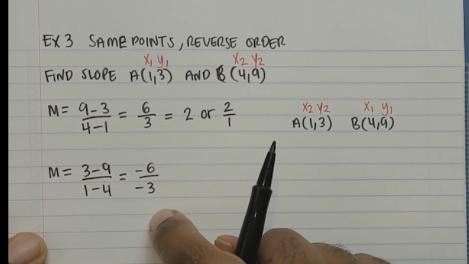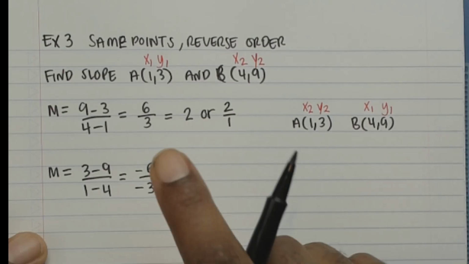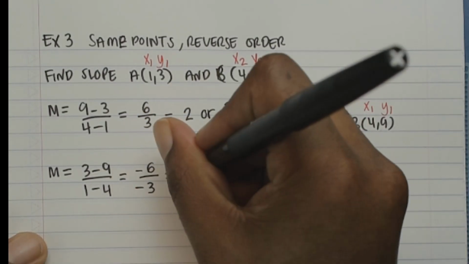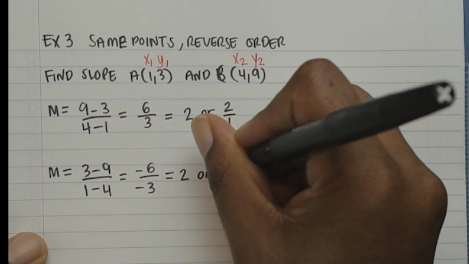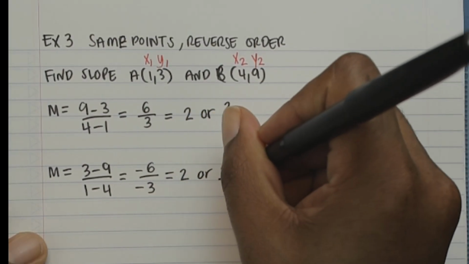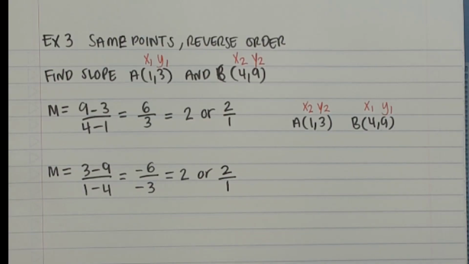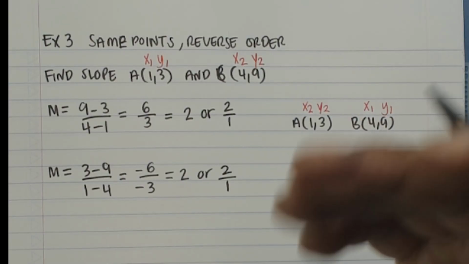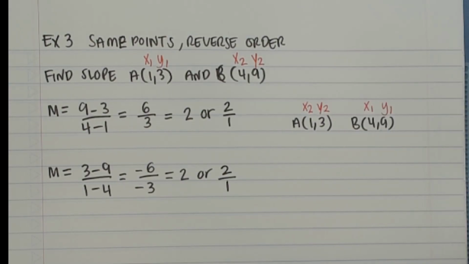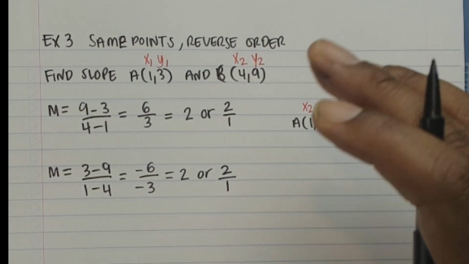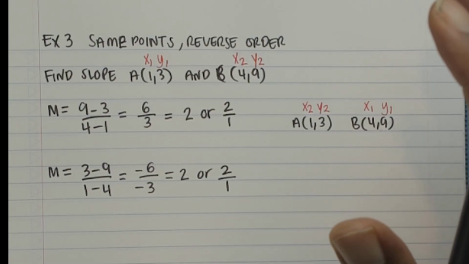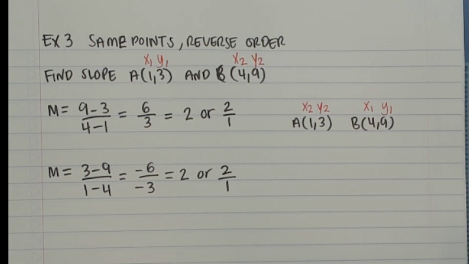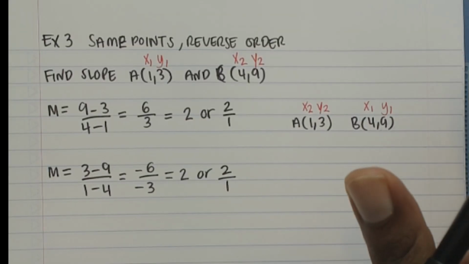Well, a negative divided by a negative is a positive. 3 goes into 6 2 times, or 2 over 1. So notice we switched the points around, and we ended up with the same result. The answer is still the same, and that's important. You may subtract in either direction, but you must remain consistent.